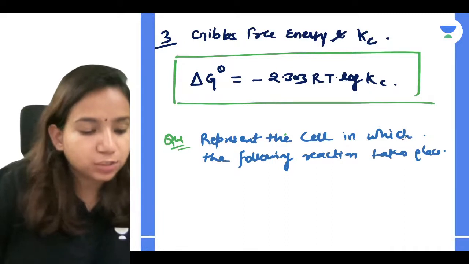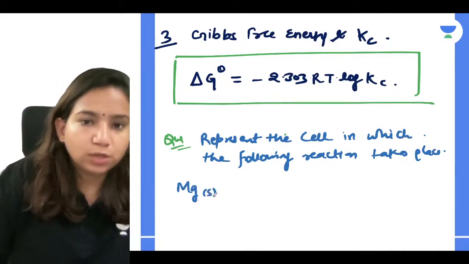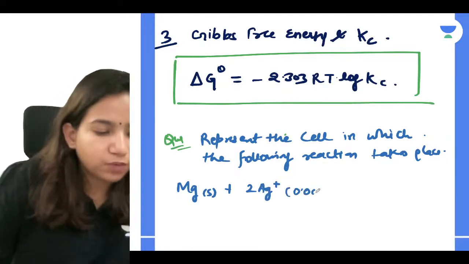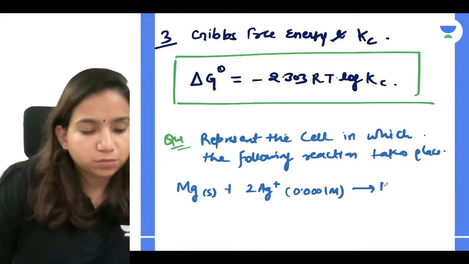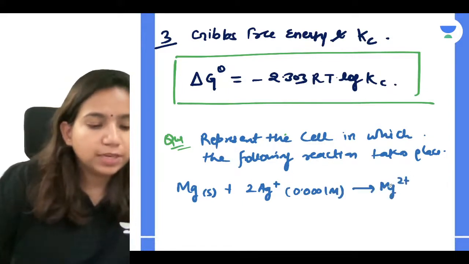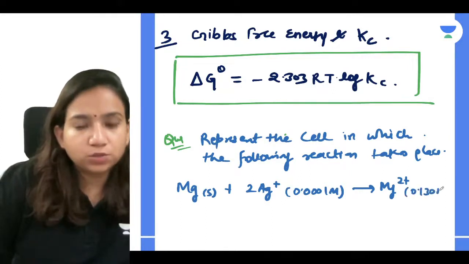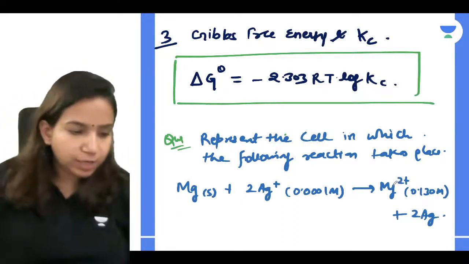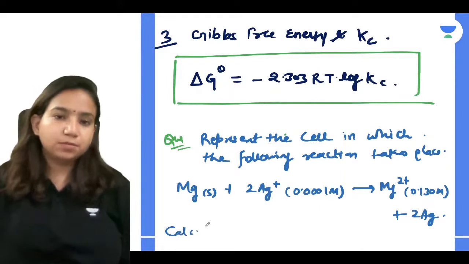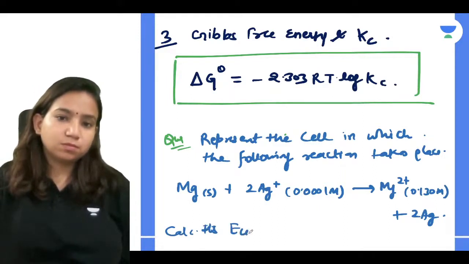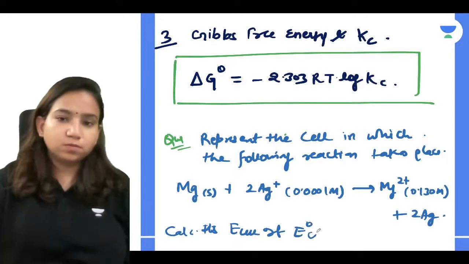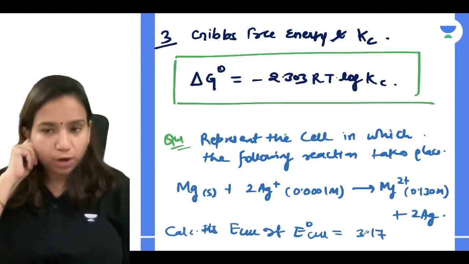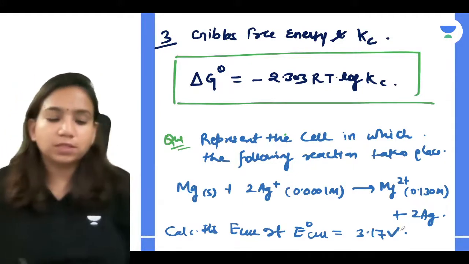The reaction is magnesium solid plus 2 Ag positive, and for Mg2 positive they have given a concentration of 0.130 molar, plus 2 Ag. So for this reaction, represent the cell and calculate its E cell, if E naught cell is 3.17 volt. This is given.